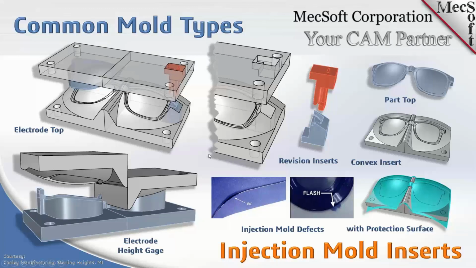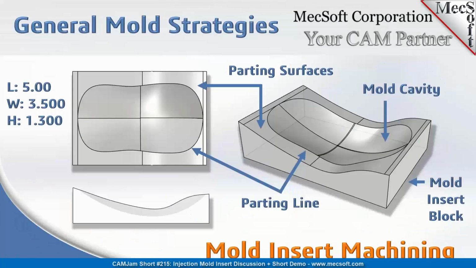Okay, so if anybody has any questions on mold inserts, please put them in the chat window. When we get to the demo area, we're going to be spending a lot of time on this particular part, and I'm going to show you the best way to machine those parting lines. We're going to be taking a look at some recommended techniques for programming injection molding cavity inserts and core inserts.